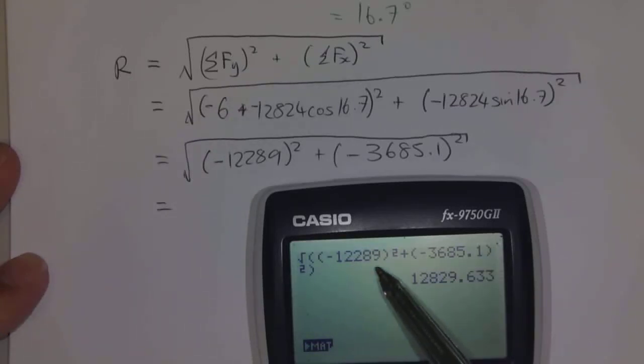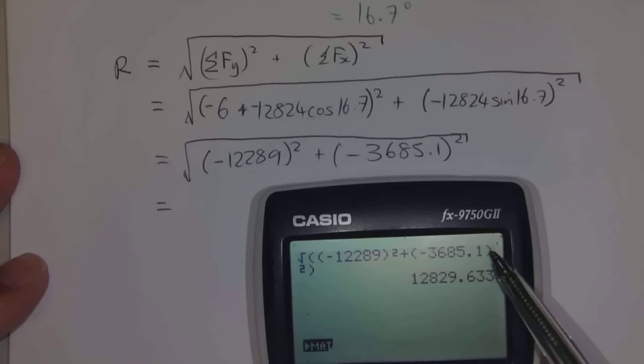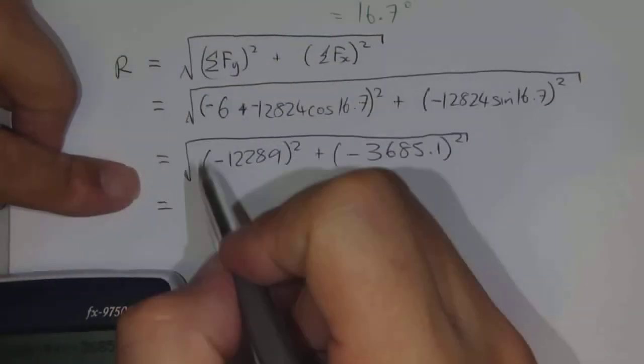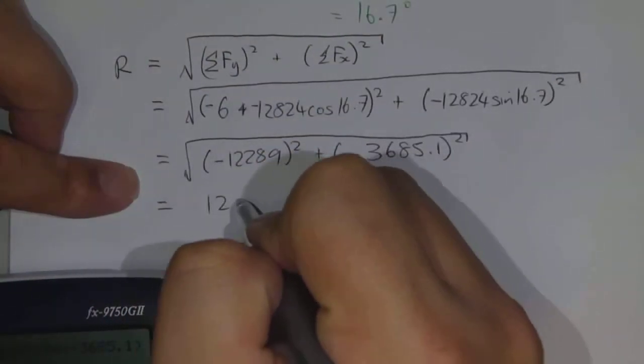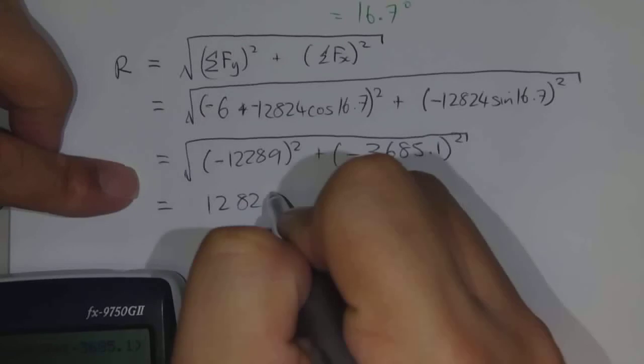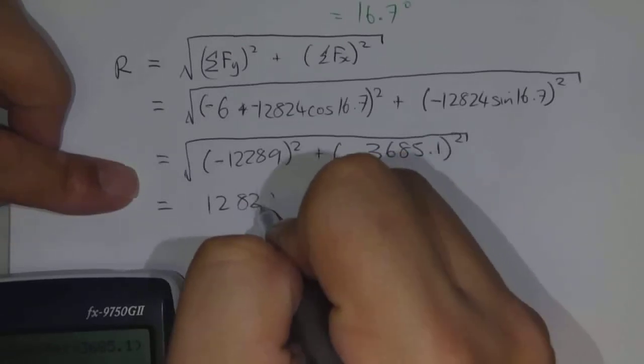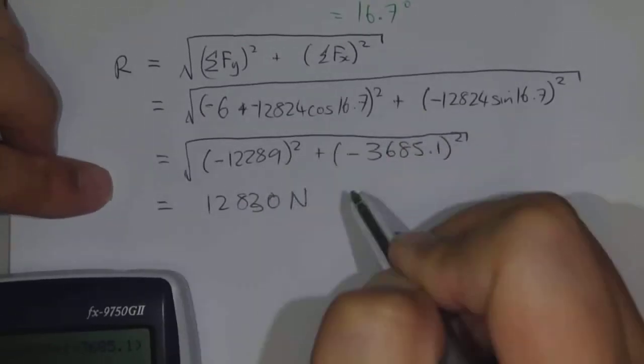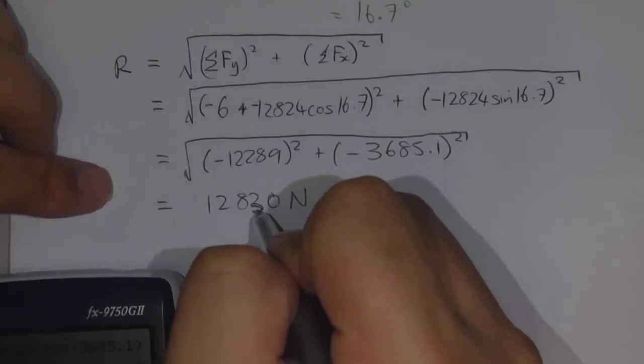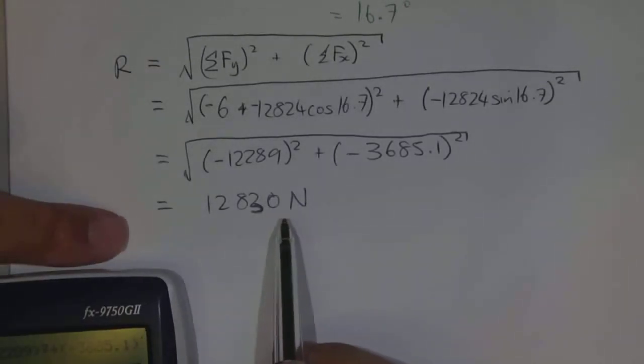Now, just double checking if I haven't made a mistake with the brackets. Okay. So here I get 12,829, looking at 830 newtons, and that's our resultant force acting on that component.